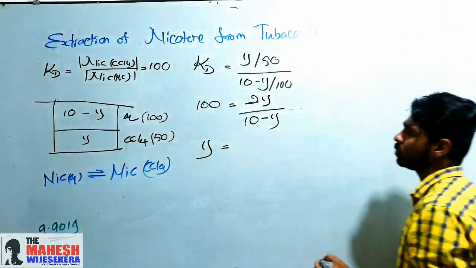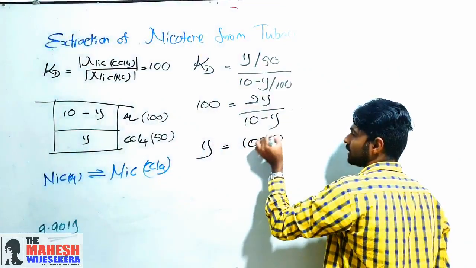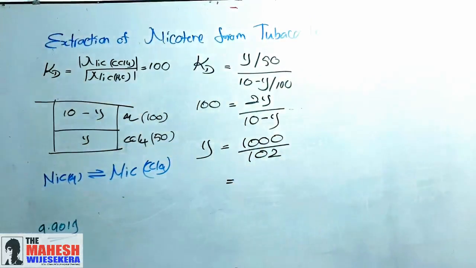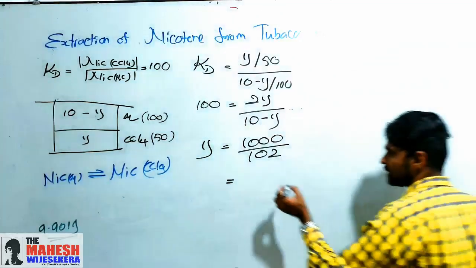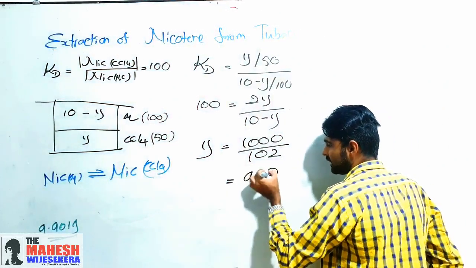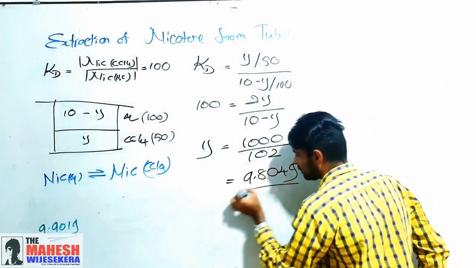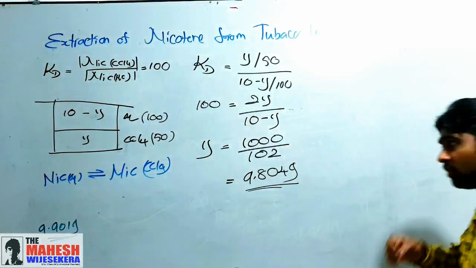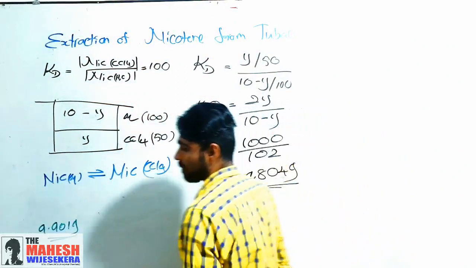Y is equal to 1000 divided by 102. How much? 9.804 grams. That is the amount extracted.